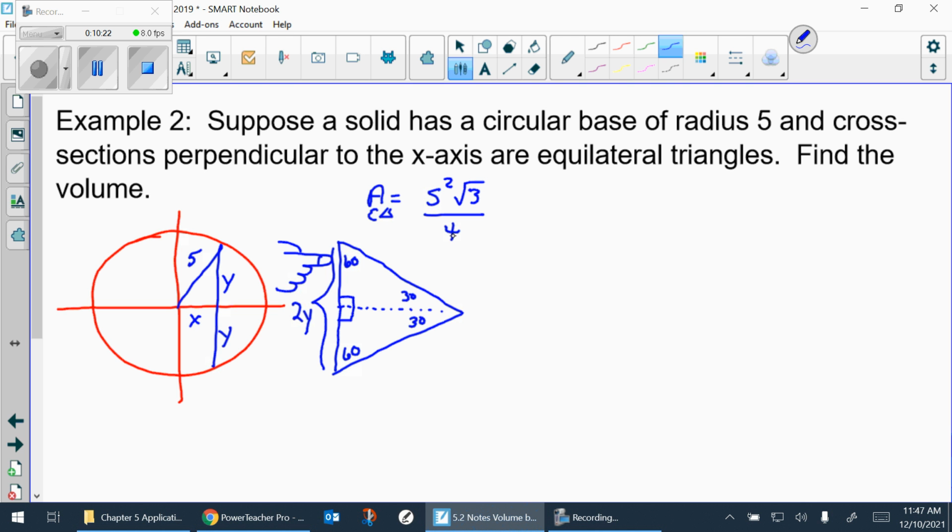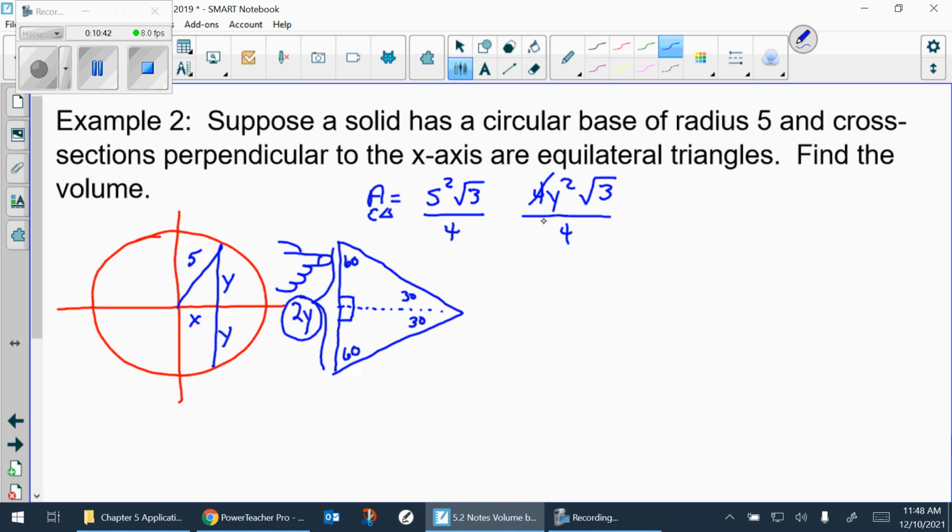Well, in our triangle, if I take one of these sides, which are all the same, square it, multiply by the square root of 3, and divide by 4.